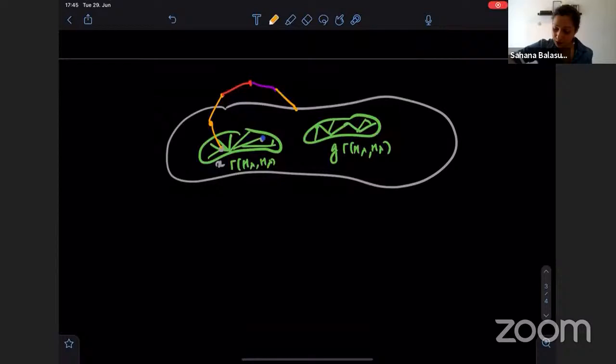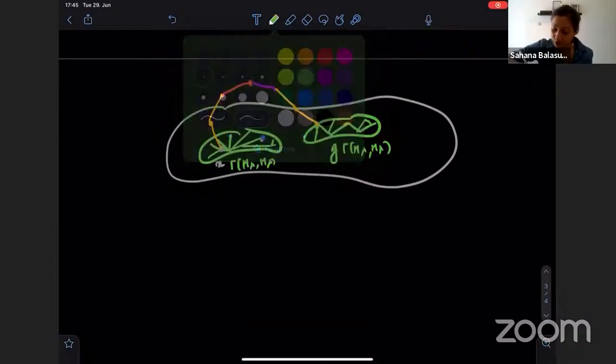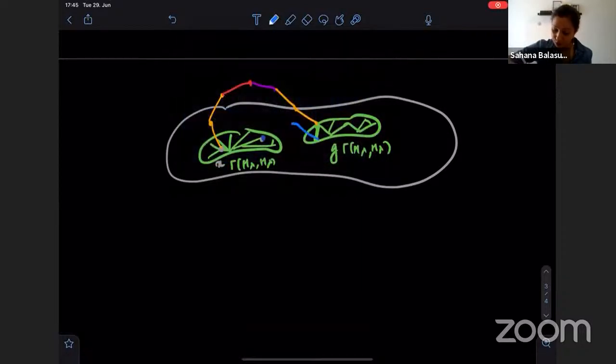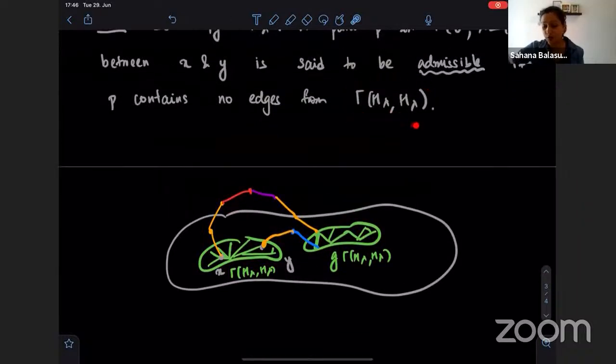I am actually allowed to get into the space to pick up one of these green edges and then perhaps meander about and come back to this point Y. Okay, so I'm allowed to pick up these edges that come from the cosets, but the only green edges that I wish to avoid are the ones that are embedded over here. And that's why this path should just avoid the edges from here. But that doesn't mean that you can't pick up other edges that have a labeling from this particular subgroup, because you are allowed to pick up the edges from a coset, which will of course come with the same coloring. Okay.